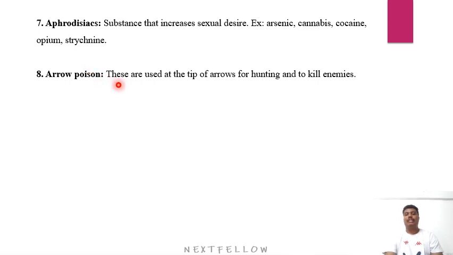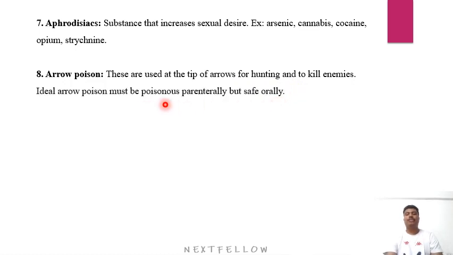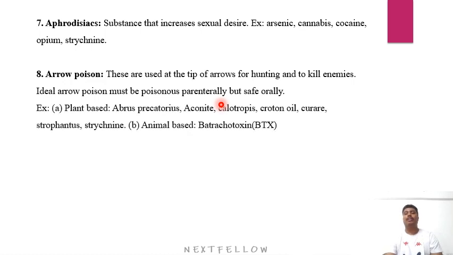Arrow poison: these are used at the tip of arrows for hunting and to kill enemies. An ideal arrow poison must be poisonous parenterally but safe orally so that the animal can be consumed after it has been killed.